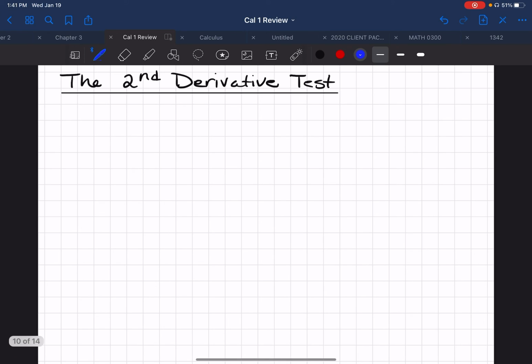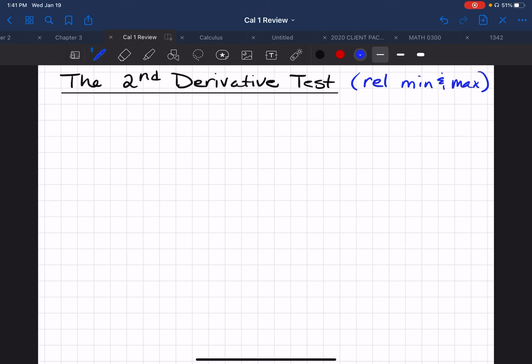Okay, one more thing about the second derivative test. Now, we just used the second derivative, but that wasn't the second derivative test. The second derivative test can also be used to find relative mins and maxes. You can use the first derivative by setting up the intervals like we did in the very beginning and testing to see what the slope is doing.